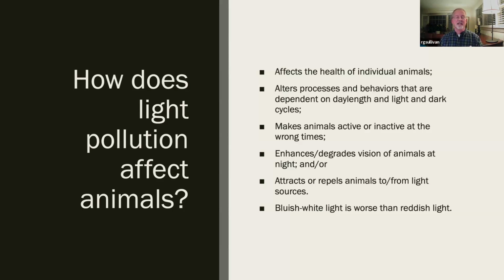So there's a thing that's called niche partitioning, where certain animals operate at certain light levels to avoid competing with other species that would also be operating at those same light levels, but would be perhaps eating the same kind of prey.